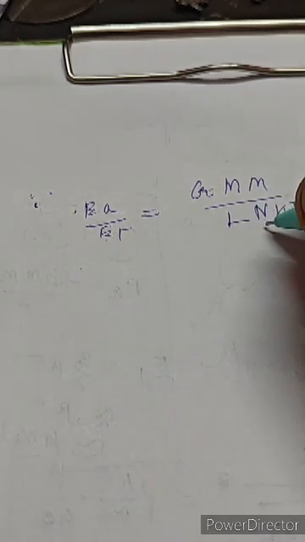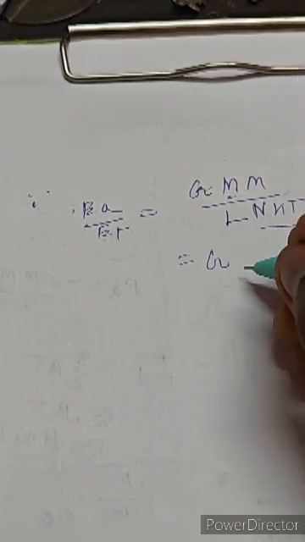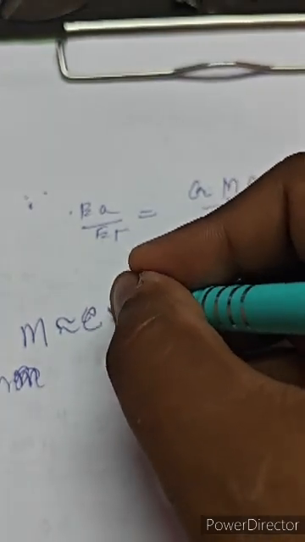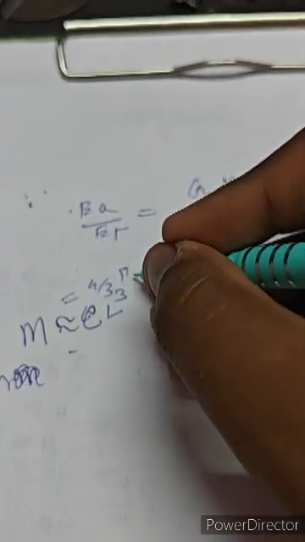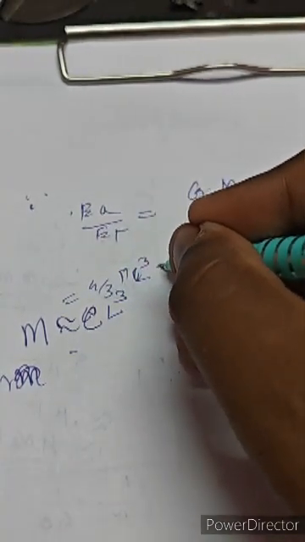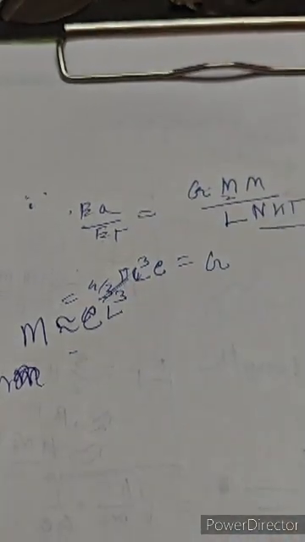GMm by L is the gravitational potential energy, and the other is the thermal energy. Now M is nearly equal to rho L cube, or 4 by 3 pi L cube into rho. We eliminate the 4 by 3 pi, so it is nearly equal to rho L cube.